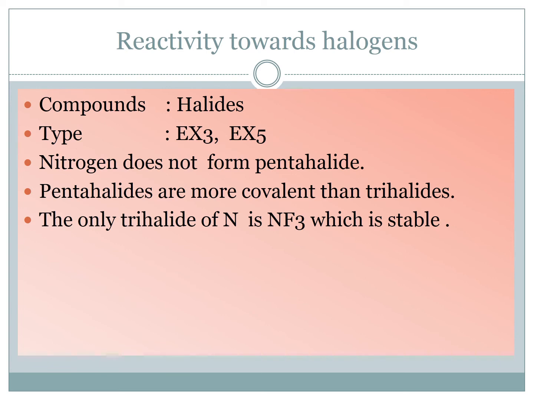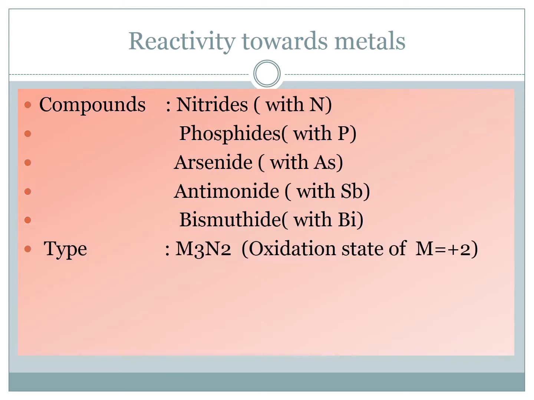However, the pentahalides are formed by the higher elements, and when we compare the pentahalides with the trihalides, pentahalides show more covalent nature, and that can be explained using Fajans' rule. The only trihalide of nitrogen is NF3, which is highly stable.